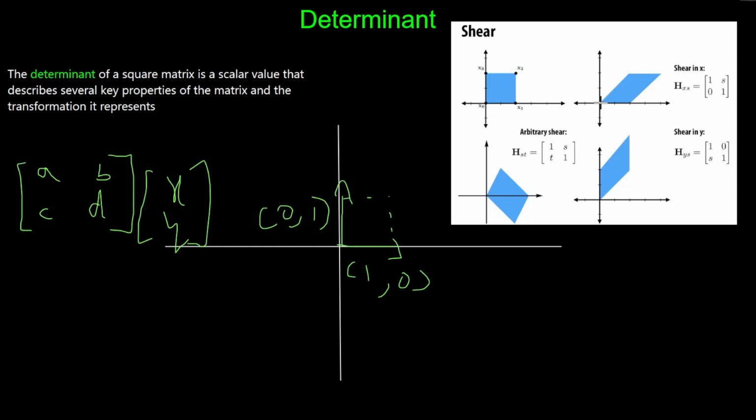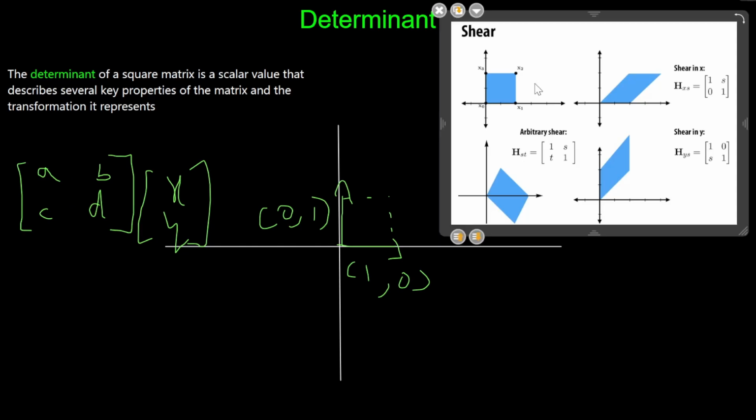If we shear it by S, it becomes a parallelogram. You can see it becomes tilted by a factor of S. So S is actually B here. Similarly, for shearing in Y, we have S here. It shears in the Y direction, so it's represented by C. There are no changes along A and D, which is scaling, which is why they are 1. This is what we mean by shearing.